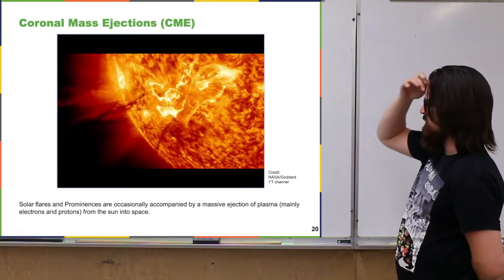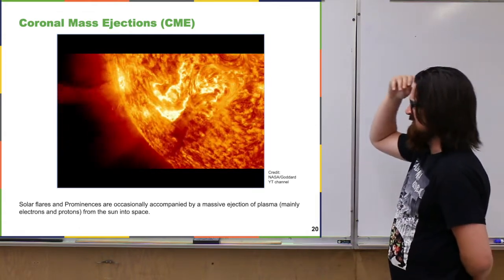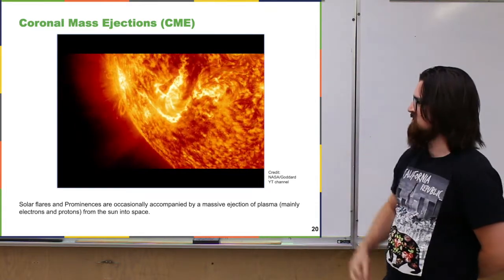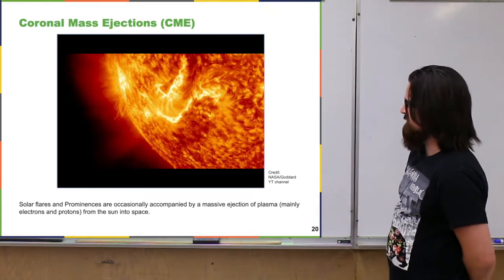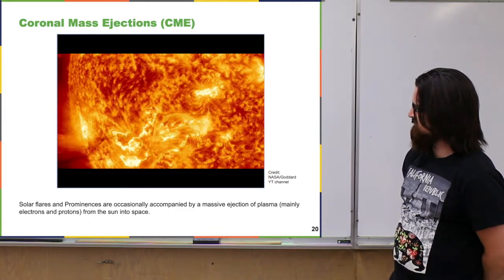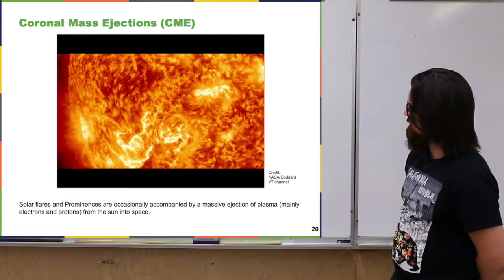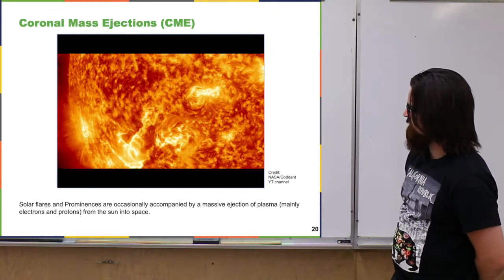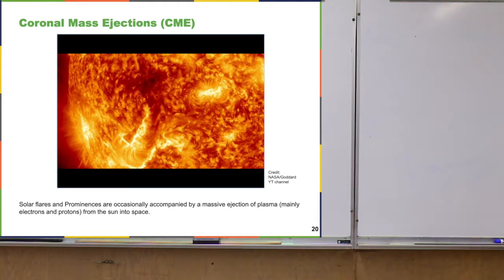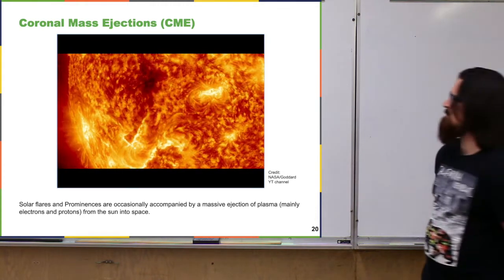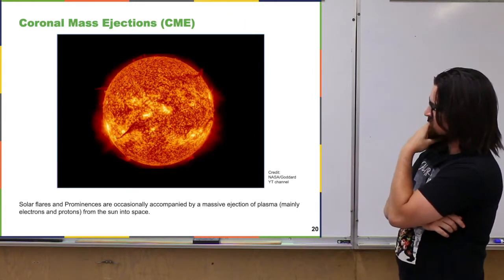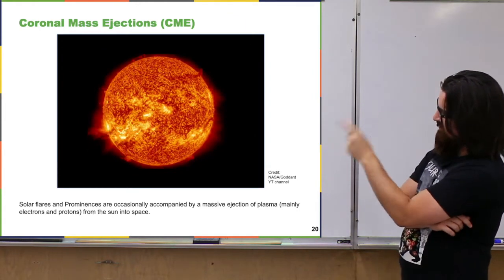So you kind of got this filament building up, and then something happens and it just jets off into space. Oof. Oh, so you see the whole sun, and then there's the ejection.